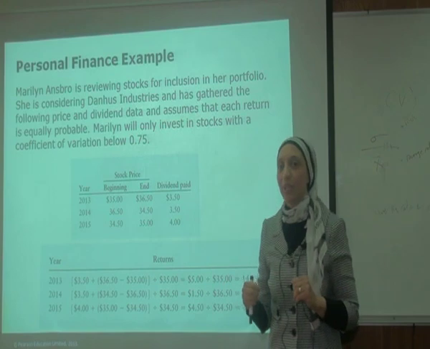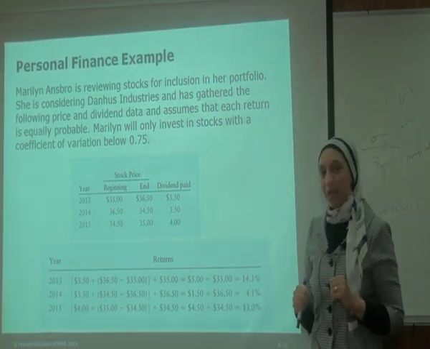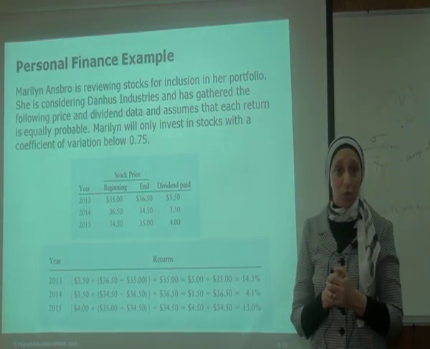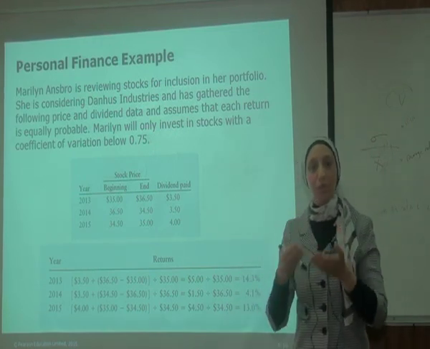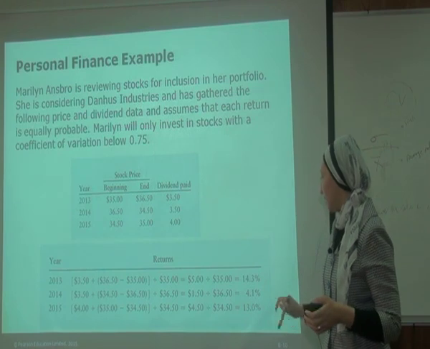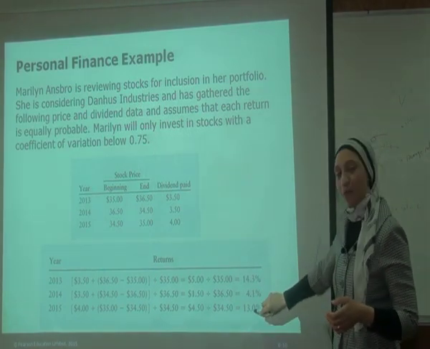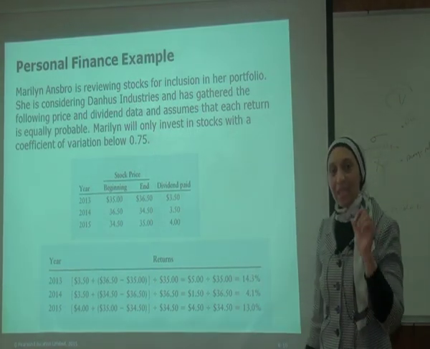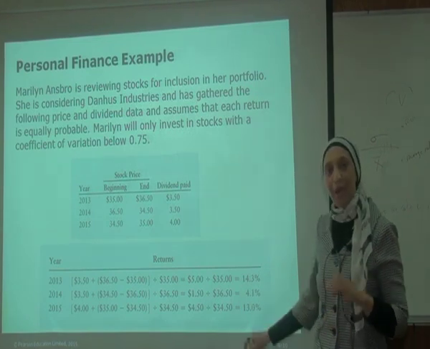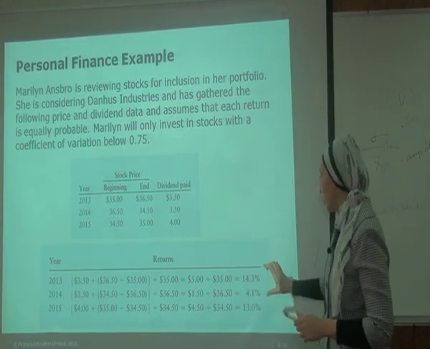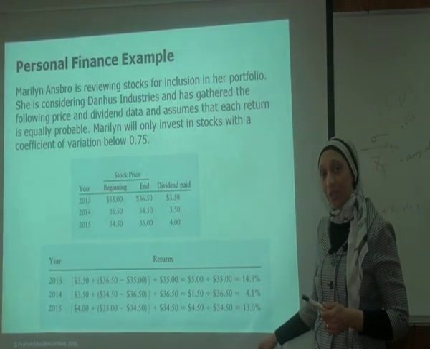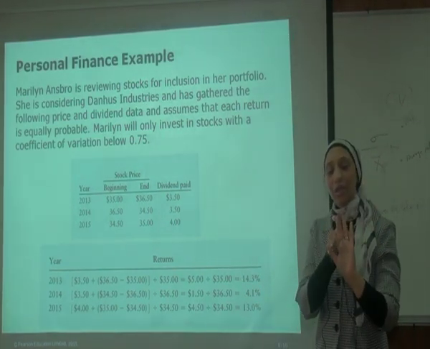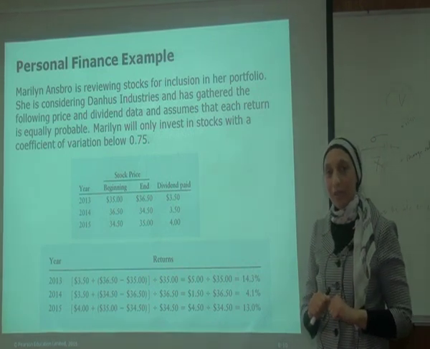Okay, how to calculate the average return? I think you took it already in a statistics course. The average of the numbers in different periods, it's very easy. It's the summation of return divided by n. So here we have 3 years, so we will take the summation of the 3 returns over the 3 years divided by n, which is 3, the number of years.